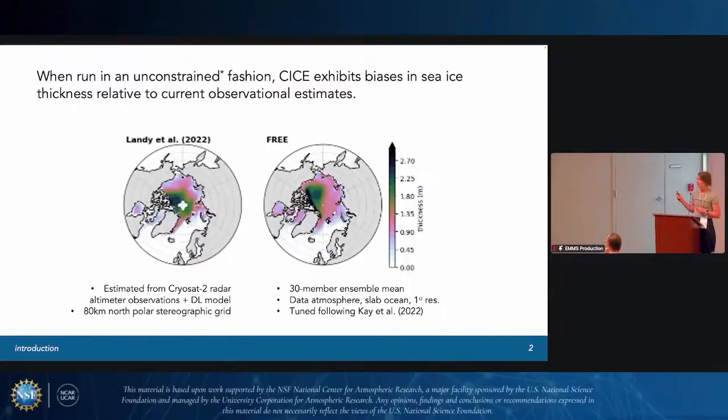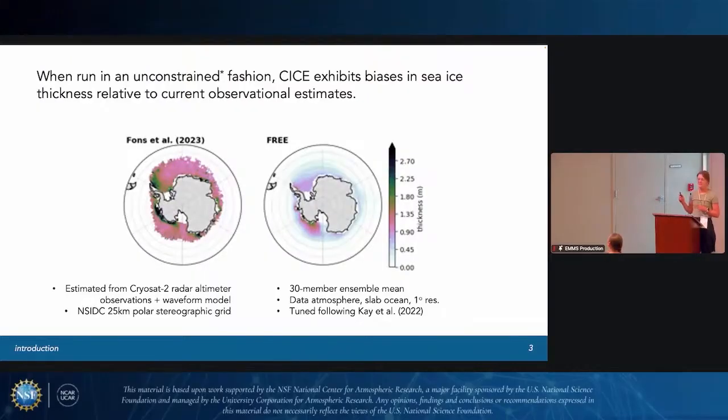And if we turn and look at the Southern Hemisphere, these differences are even more pronounced. I will note that this validation product that I'm using on the left is similar in the sense that it is based on Cryosat-2 radar altimetry observations, but it's, as far as I can tell, currently the only thing of its kind that does a gridded monthly estimate of sea ice thickness in the Southern Hemisphere.